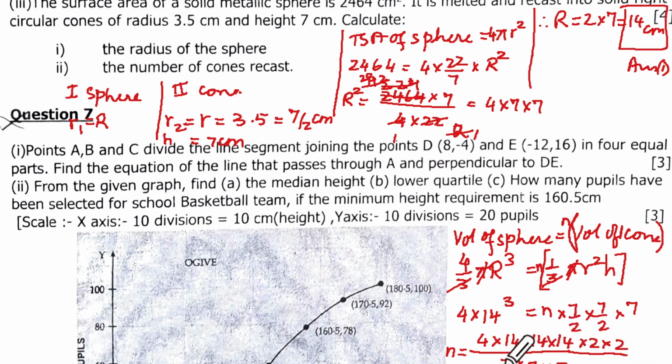Agreed? 7 twos, 7 ones, 7 twos, 7 ones, 7 twos. So that is 32 into 4, which is 128. Did you get the number?